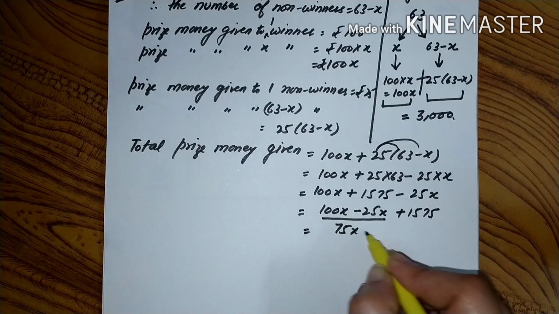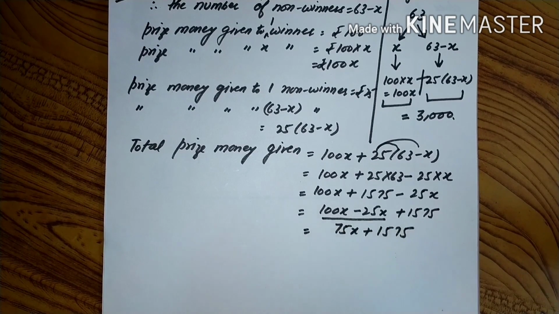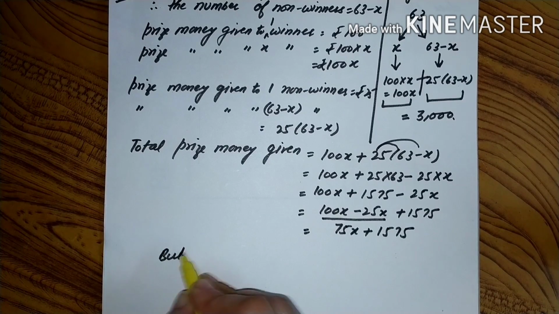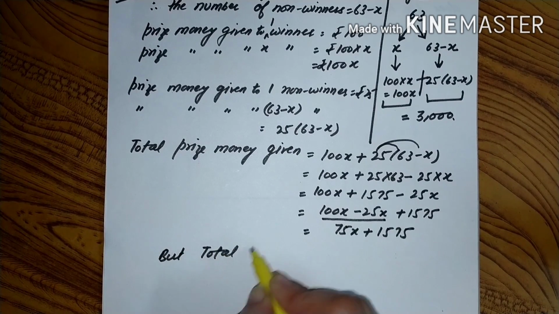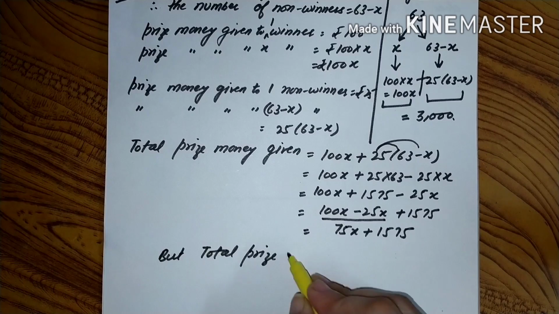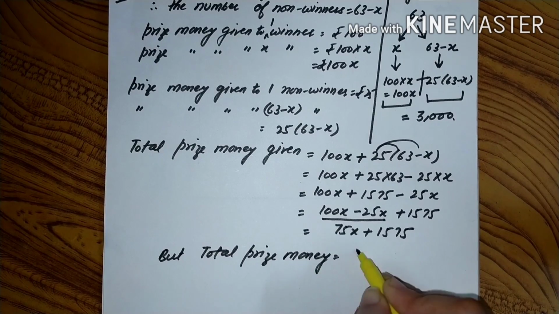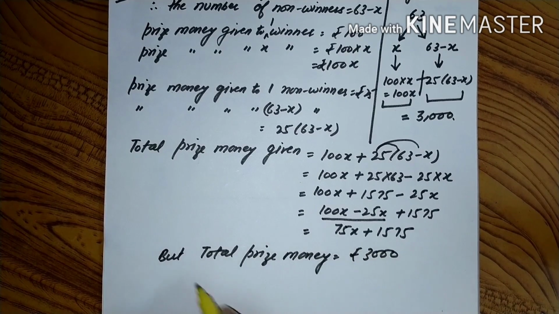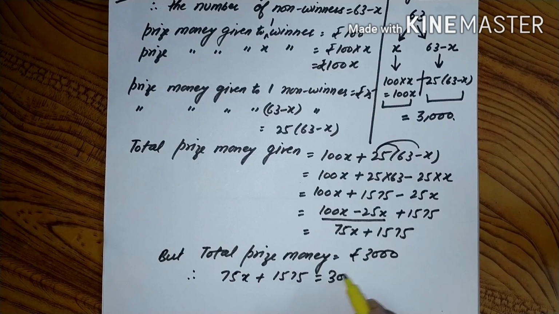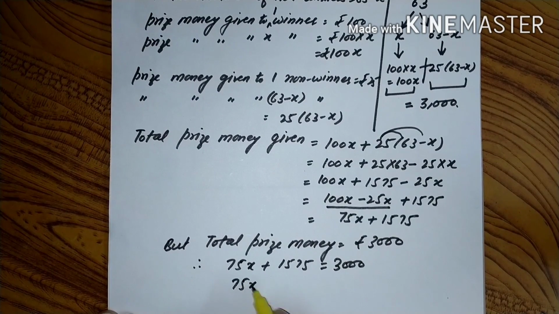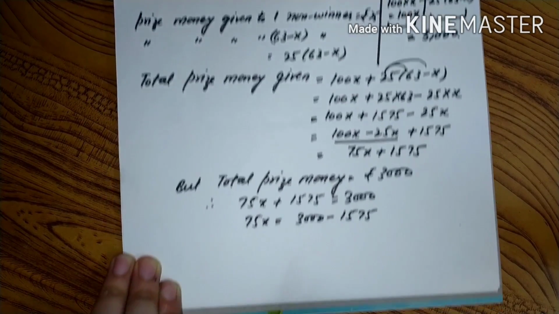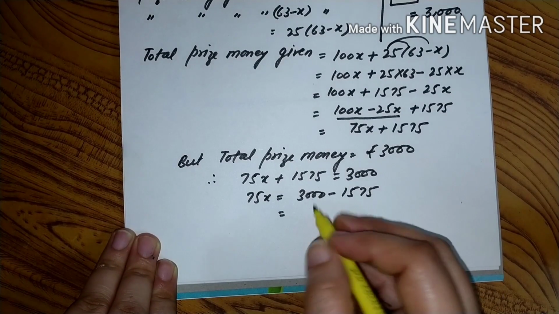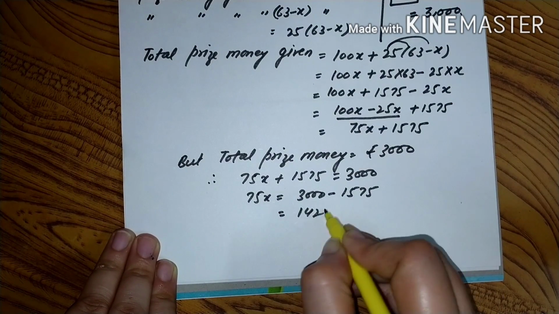So 75x plus 1575. But we are given the total prize money, that is rupees 3000. Therefore, 75x plus 1575 should be equal to 3000. So 75x is equal to 3000 minus 1575, which is equal to 1425.